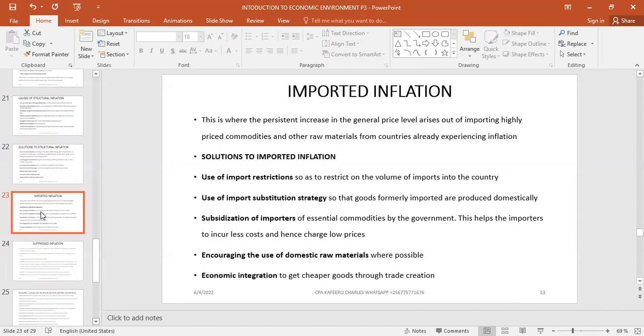The other one we can talk about is encouraging use of domestic raw materials where possible. We can do it in a sense that when we have fixed or scarce resources, we use those resources and make sure we make more goods out of those few items we have.